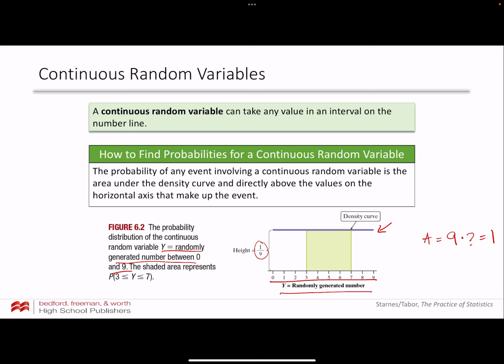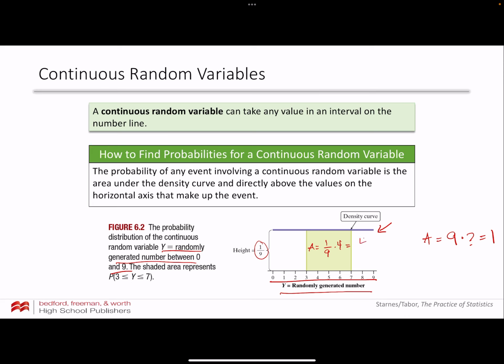So if I were to ask you what's the probability that you select a random number between 3 and 7, you would find the area of this green shaded region. So you would say 1/9, because that's the height, times the base, which is 1, 2, 3, 4.